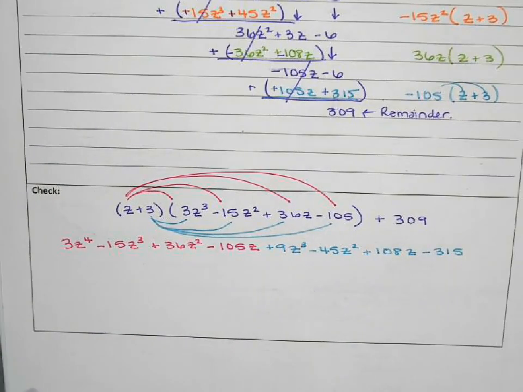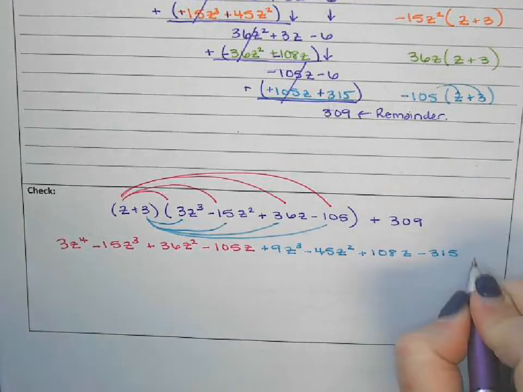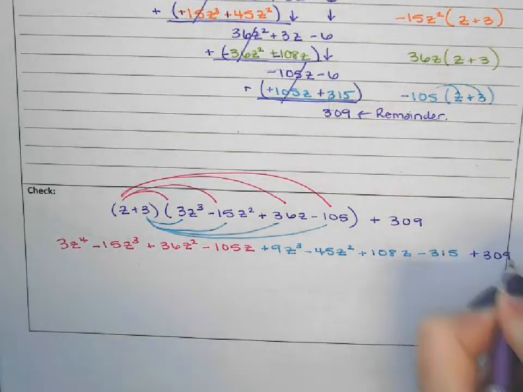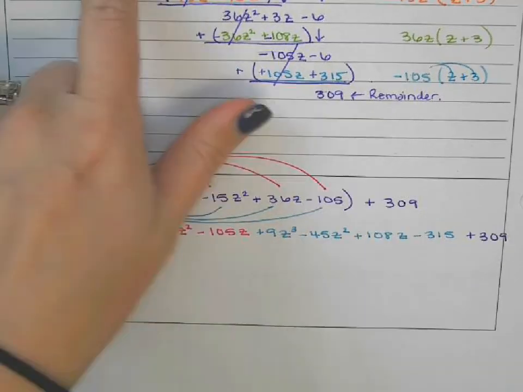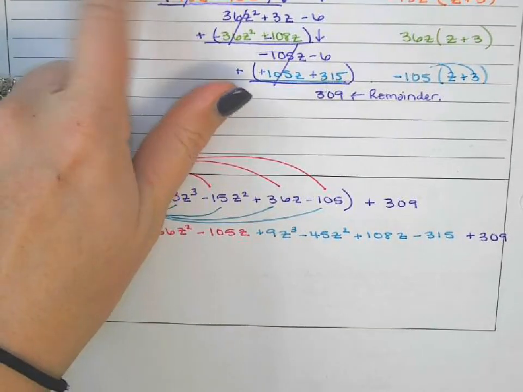And then I still have that plus 309 there at the end. My last step tells me all I have to do is combine like terms. And hopefully what I get is what I started with.